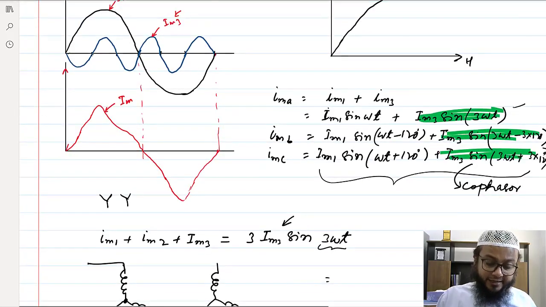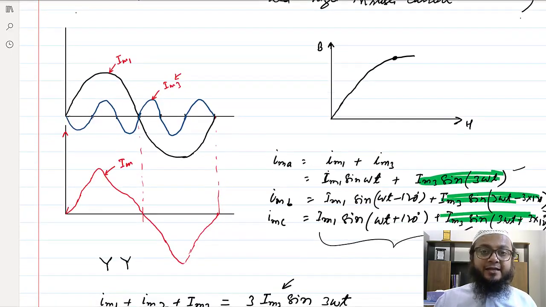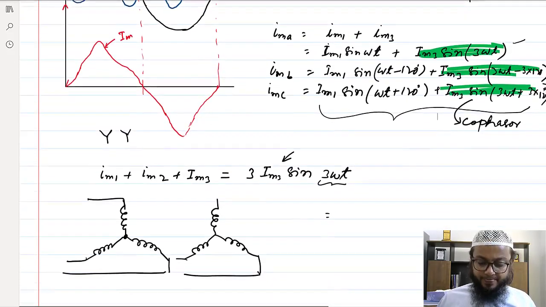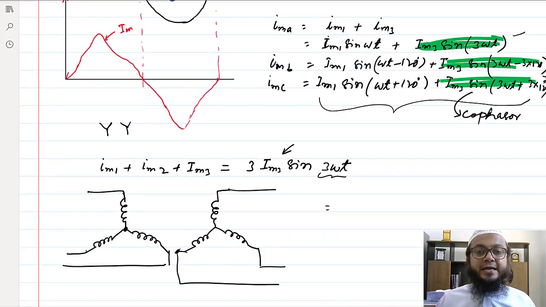Now, if the current is perfectly sinusoidal, the BH curve actually demands that the flux will have a third harmonic component. And since the flux has the third harmonic component, the induced voltage at the secondary of this transformer will have the third harmonic component as well.